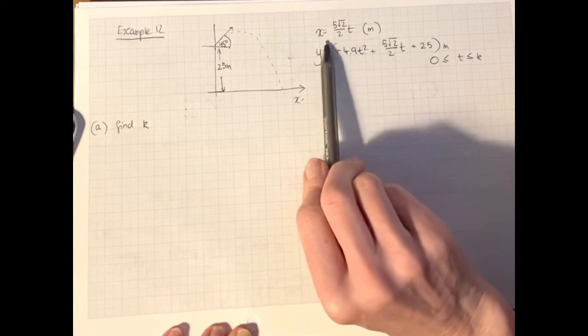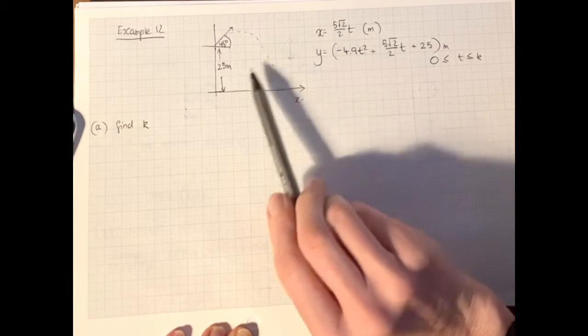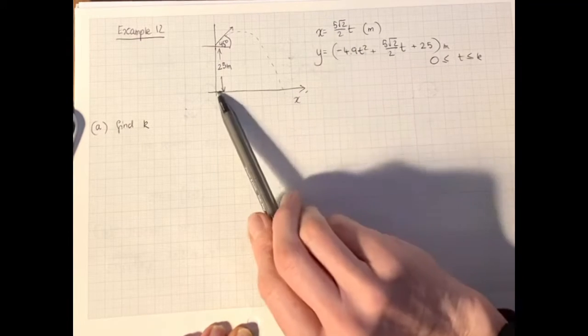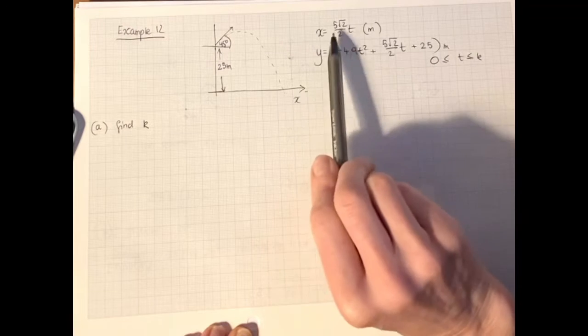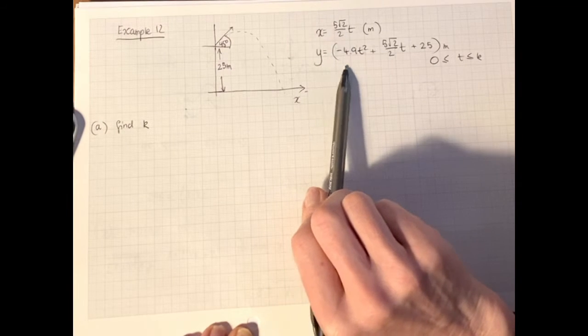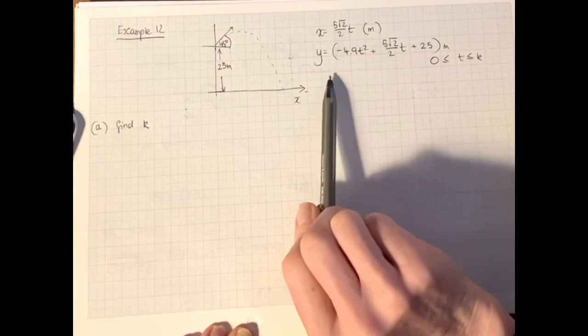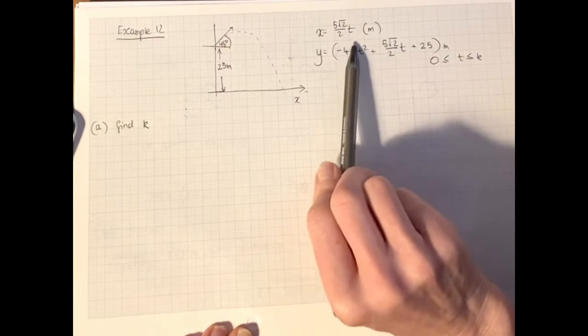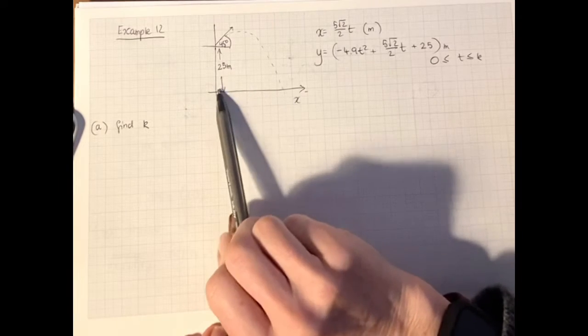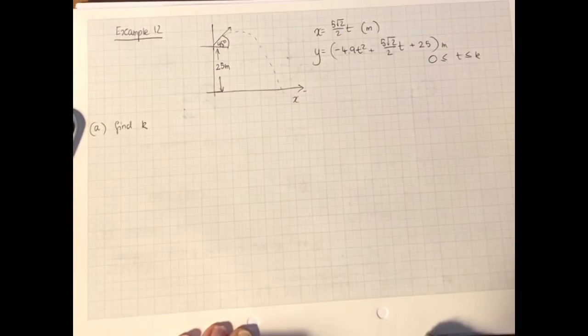The two equations that the path follows are the horizontal equation, which is a linear function, and the y equation, which is a quadratic equation, both obviously in terms of time. So x and y directions are horizontal and vertical directions.